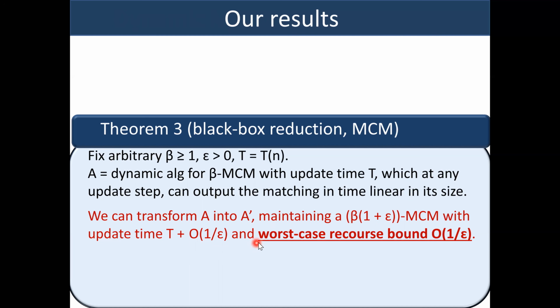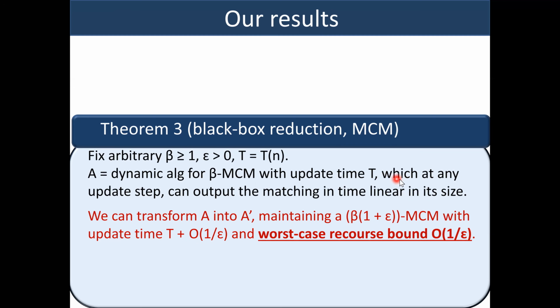And this new algorithm also has a worst case recourse bound of some constant over epsilon. Okay, so the transformed algorithm A prime enjoys almost the same guarantees on the approximation factor and update time as A, not exactly the same, but it also achieves a worst case recourse bound of roughly 1 over epsilon.